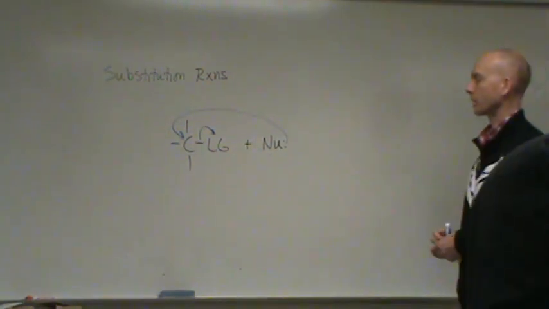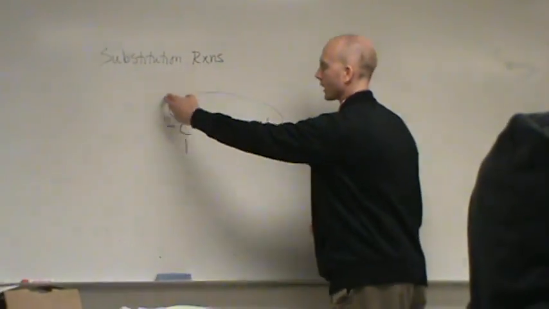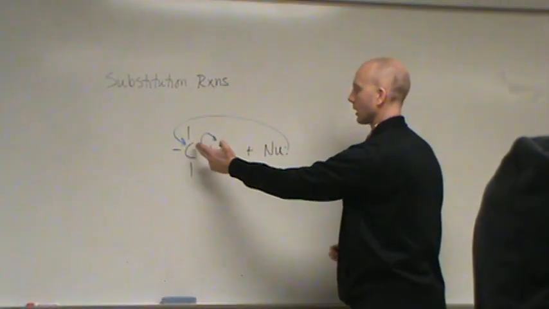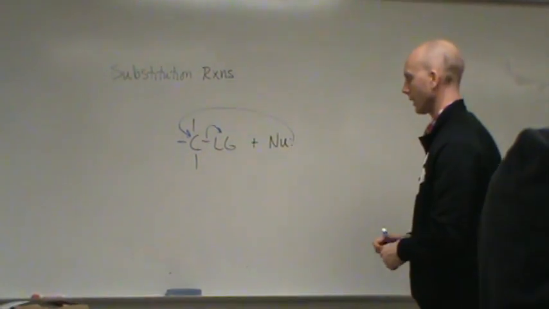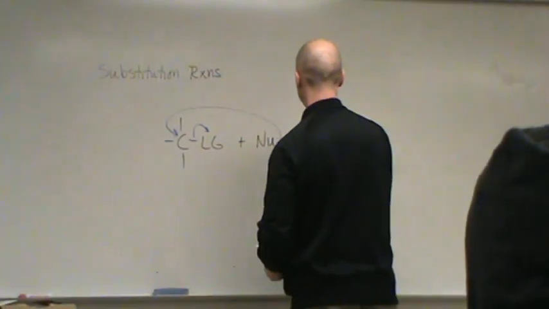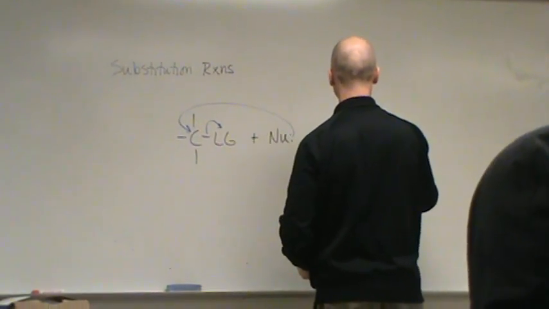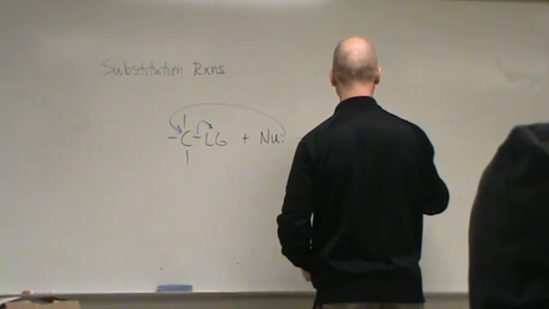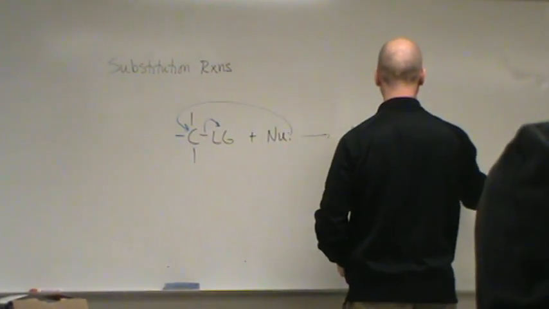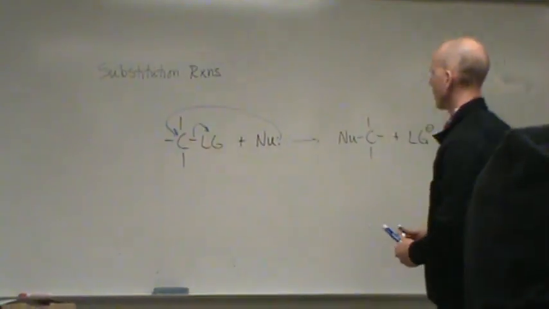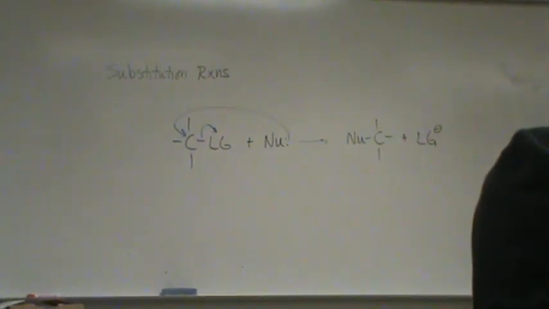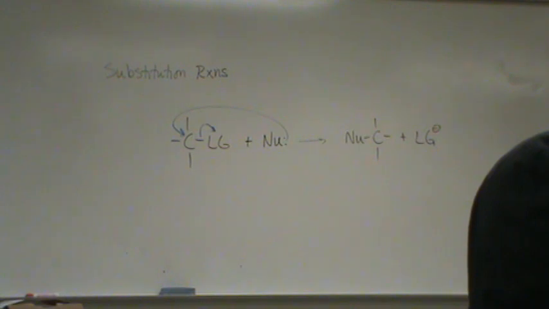Or more particularly, the nucleophile attacks the electrophilic carbon, kicking off the leaving group, giving you those products there. So this is what we want to look at for SN2 reactions.